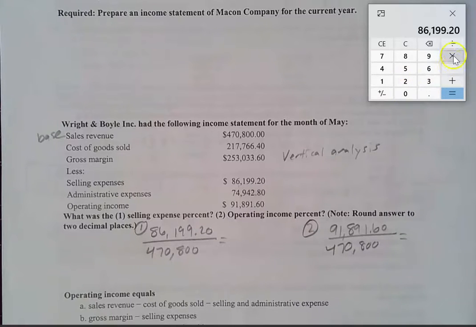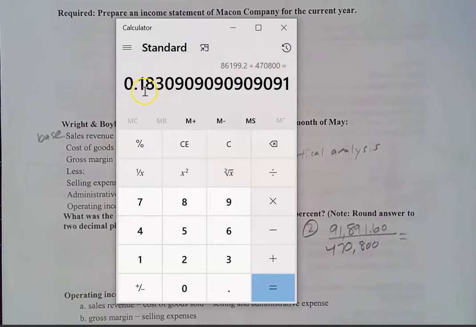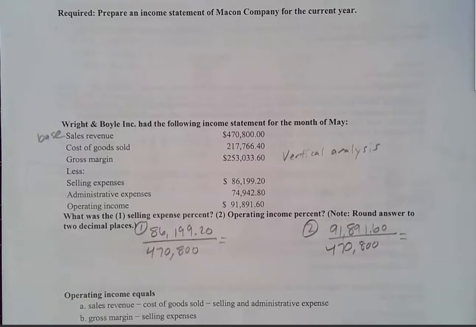Sure, that's right. Okay. Whoa, what did we do there? So basically 18.3%.